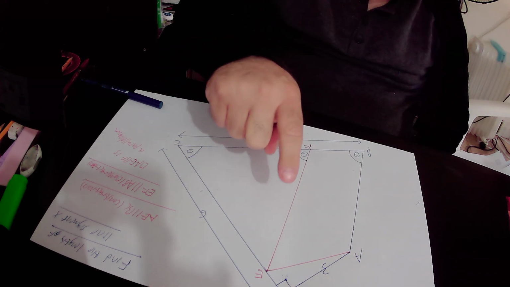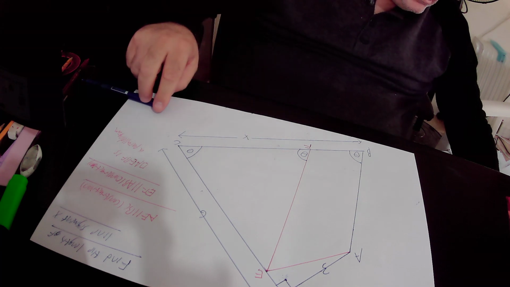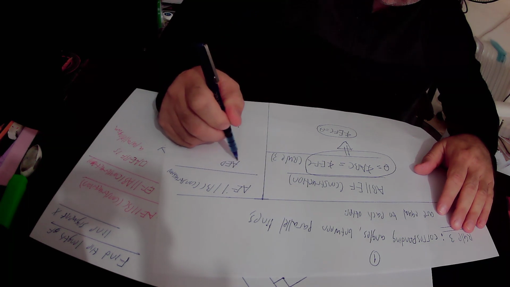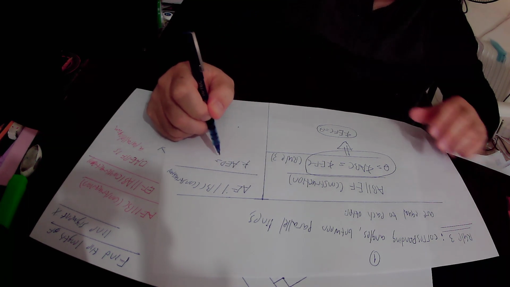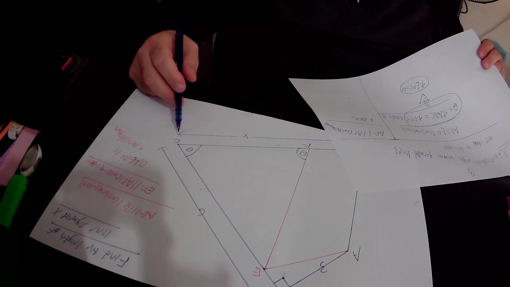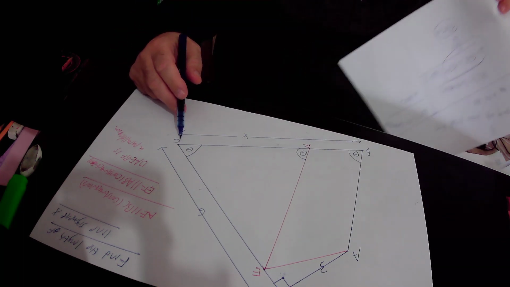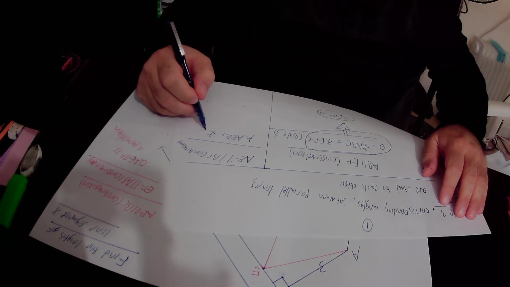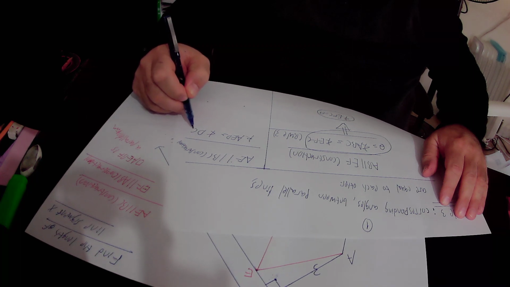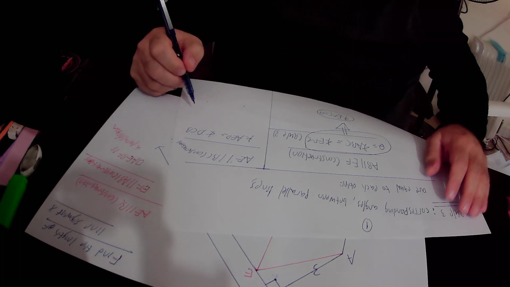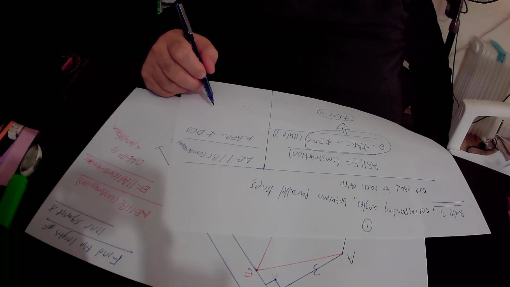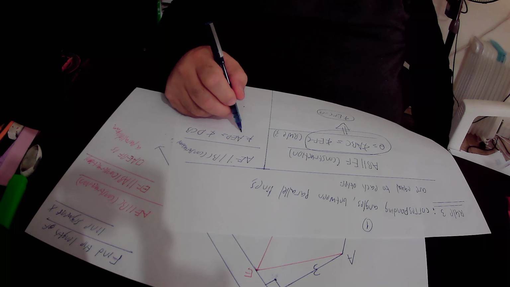That is to say, angle AED, this angle, will be equal to this angle that is actually angle DCB. And they are equal to each other according to rule number 3, of course.